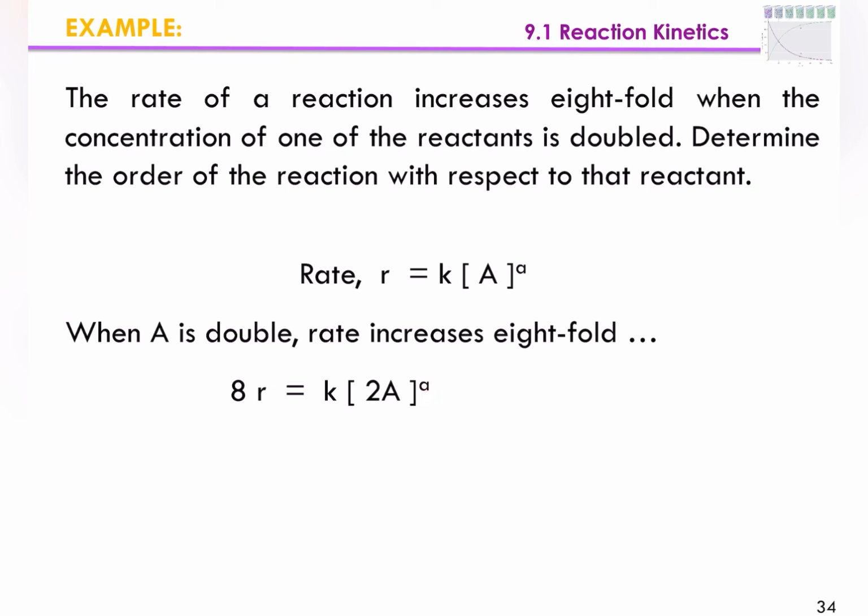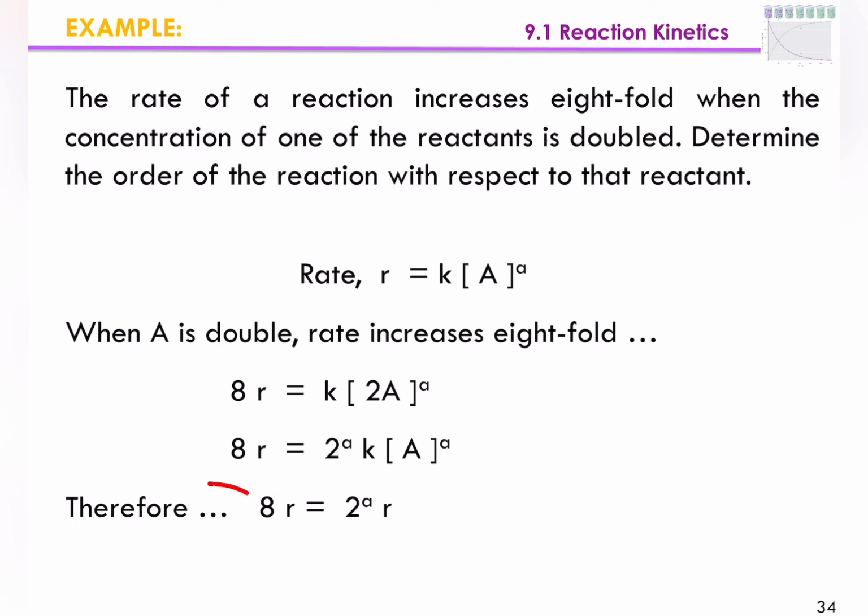When you rearrange, you get your expression in this form: 8r equals 2^a r. Here, I replace the expression for r, which equals k times concentration A to the power of a.